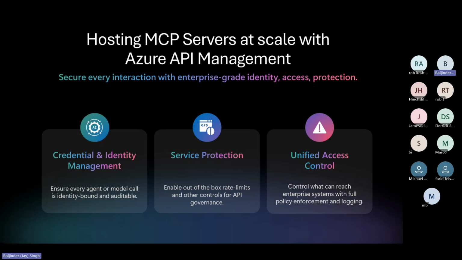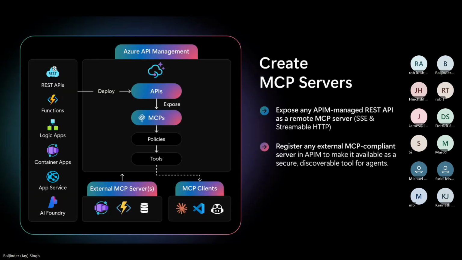Okay, moving on. Now that we have established APIM as that control plane, let's discuss how MCP servers are created, exposed, and consumed in practice using APIM. Everything you see on the left in this slide already exists in most enterprises.